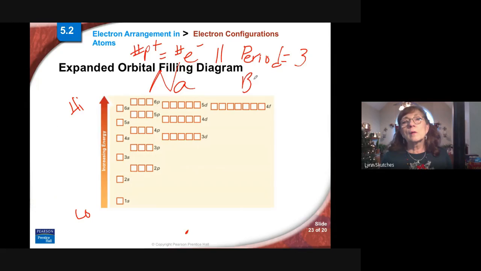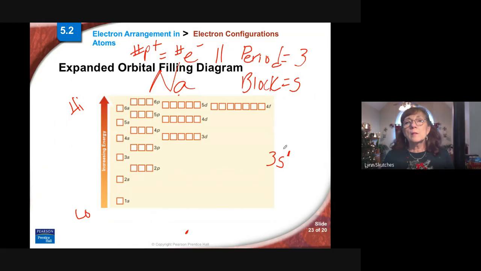So I know that sodium's last electron goes at the 3rd energy level in an S orbital, a spherical orbital, and there's only one lonesome electron in there.